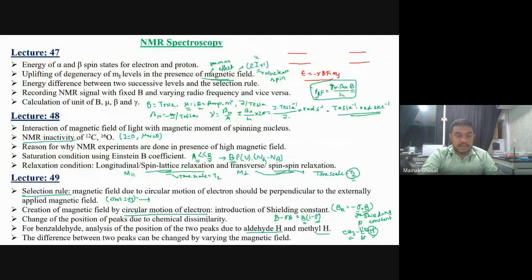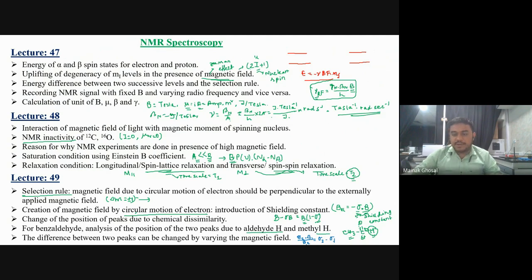It was shown finally that the difference between B2 and B1, B2 minus B1, I can write as, divided by V2, it is nothing but sigma 2 minus sigma 1.